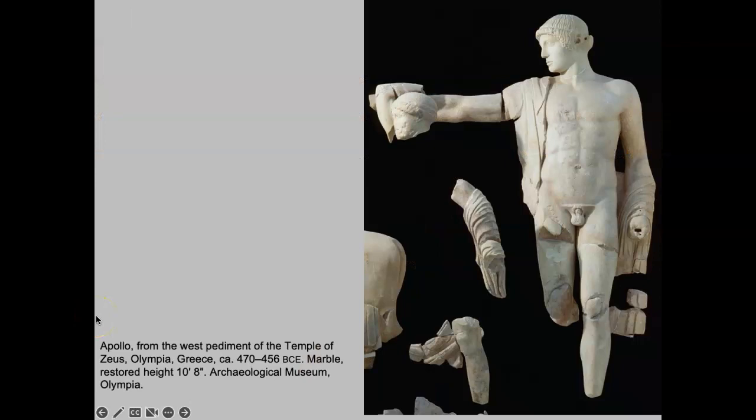Apollo's figure is very much displaying that activation and that breath of life that we see as we shift from the archaic period into the classical period. His weight is shifting from one leg onto the other, which activates everything else in his figure.